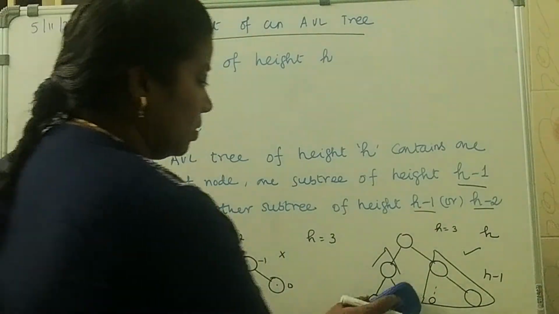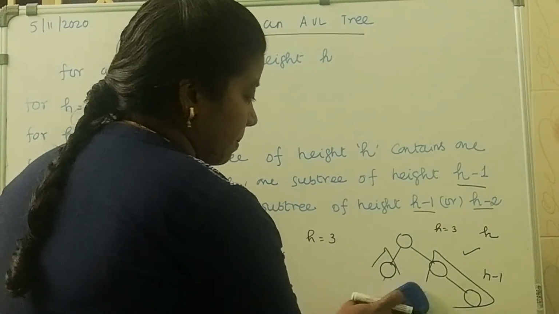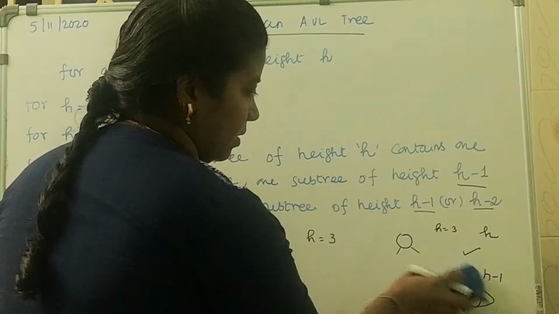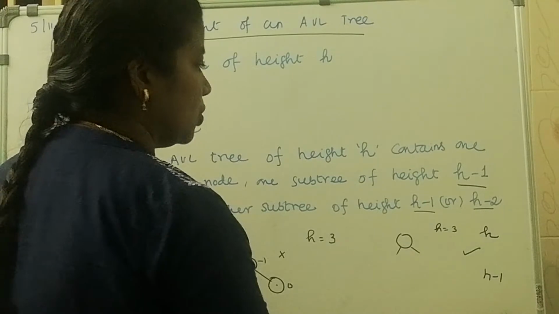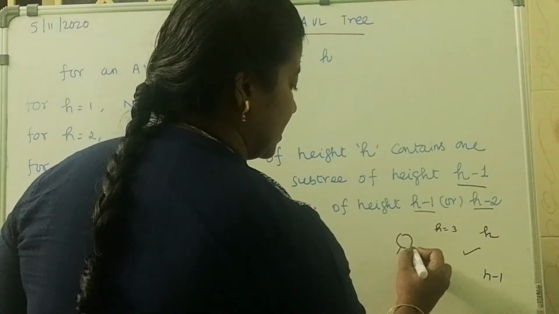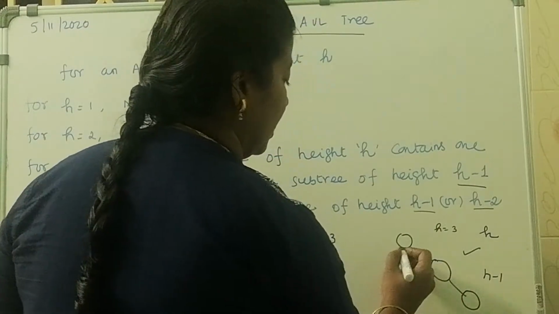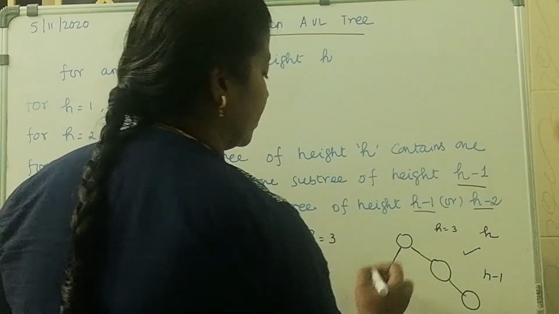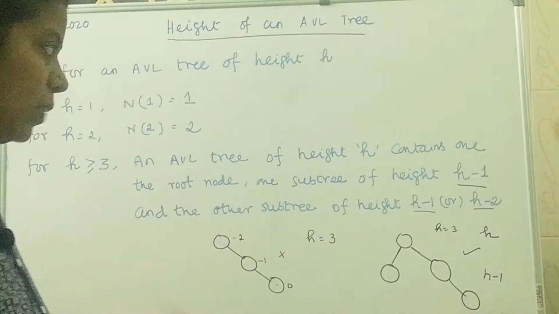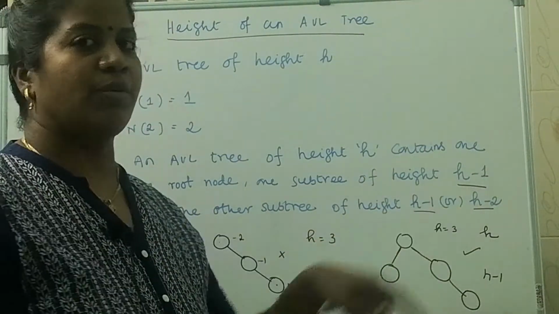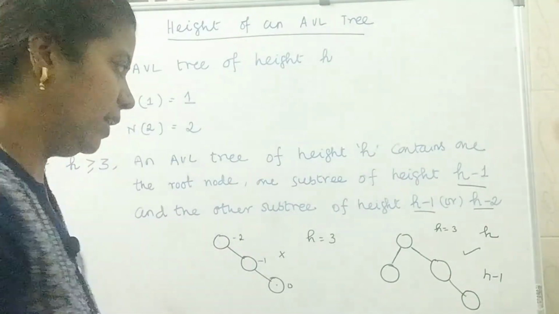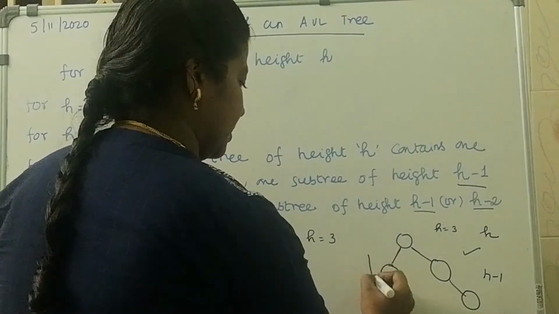Since we need the minimum number of nodes, once we choose one of the subtrees as h minus 1, the other subtree's height should be h minus 2. Why? Because we want the minimum number of nodes in an AVL tree. So let me generalize this.